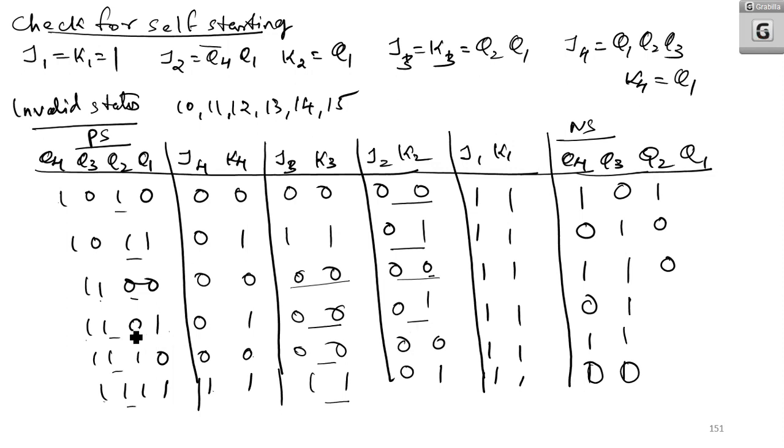It is reset, so 0 will be reset as 0. 1, 0, 0, so it will remain there. Now 1, 1, 1, right? 1, 1 means it is toggled, that means it will be set. So it is 1. 0, 0, 1. 1, 1. Right? It is Q2. Q2 is 1.